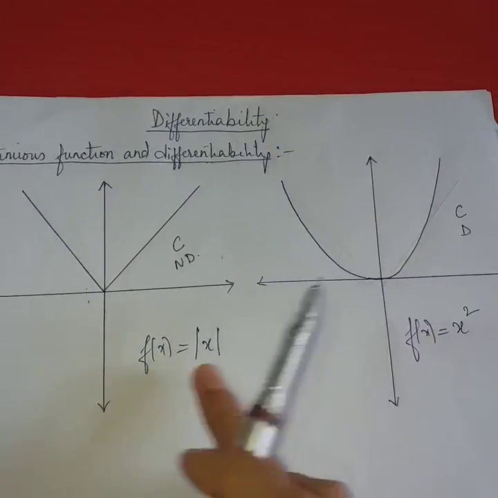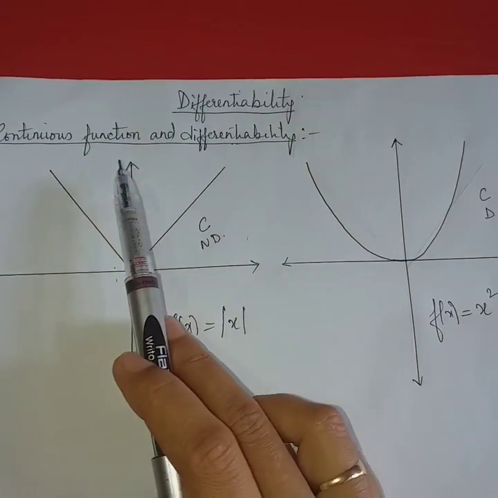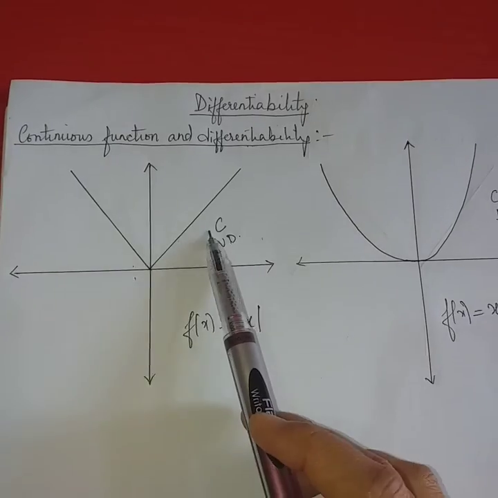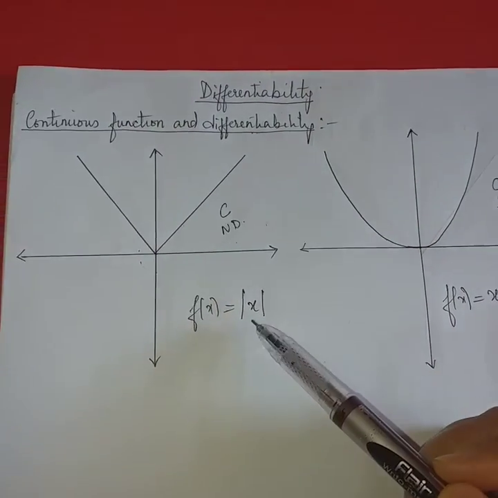So with the help of these two graphs we understand the relation between continuity and differentiability. That means every continuous graph may not be differentiable. So this is a very good example.